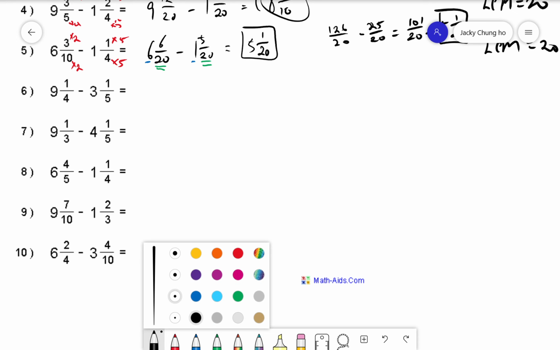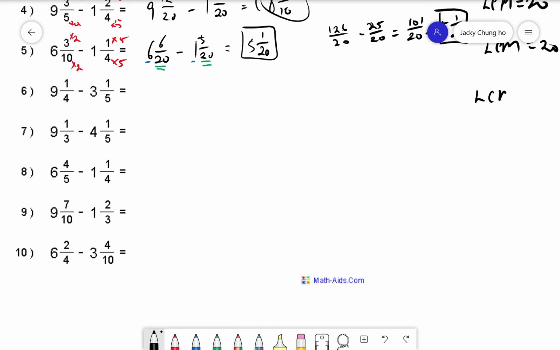Between 4 and 5, again the LCM is 20. So multiply by 5 to the first fraction and multiply by 4 to the second fraction. I am then looking at 9 and 5 over 20 minus 3 and 4 over 20. Okay, I apologize, that is 9 and 5 over 20.